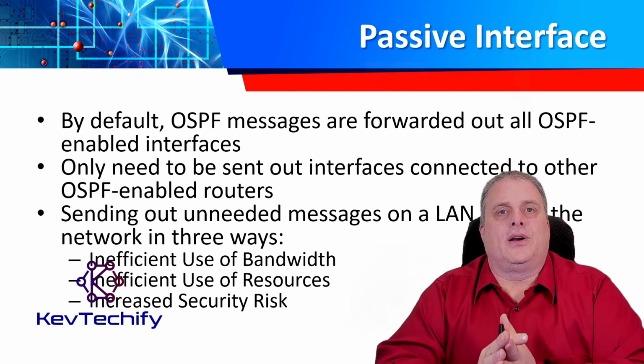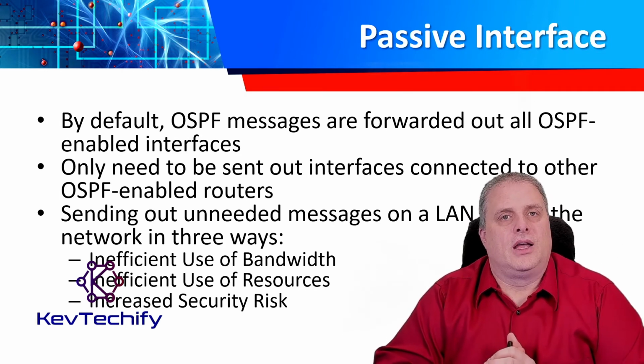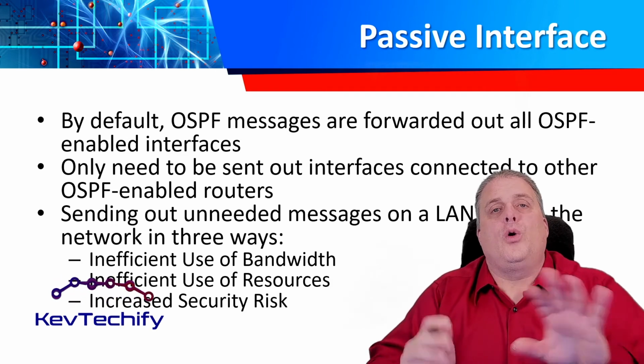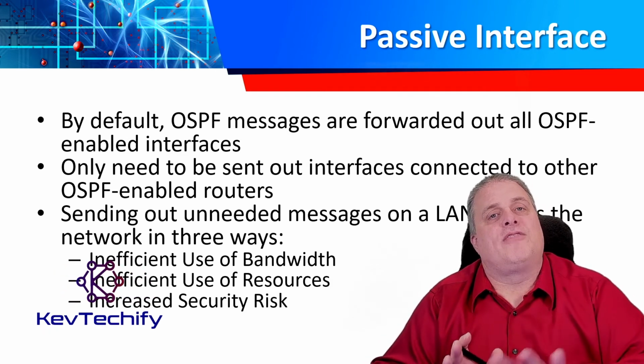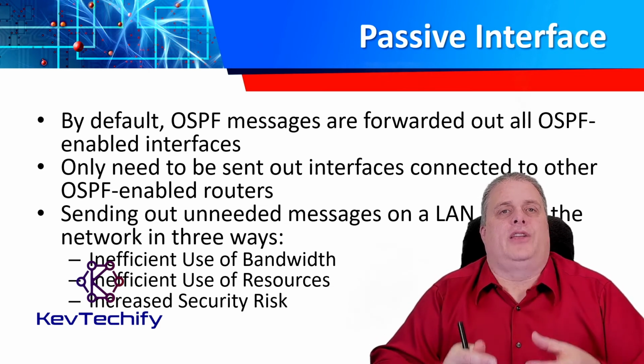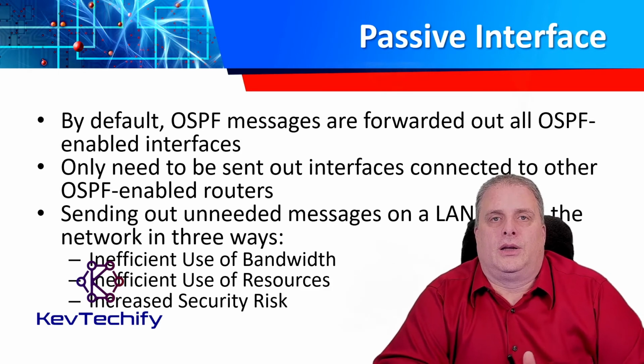An example here is we have our 3 routers, right? And we have the Loopback interface that comes off of it that represents another local area network. You don't have to send out OSPF messages out that interface, but OSPF needs to be enabled on that interface to route traffic to it.